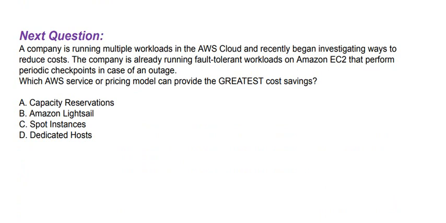Option A, capacity reservations. Option B, Amazon Lightsail. Option C, spot instances. And option D, dedicated hosts. The correct answer is option C.